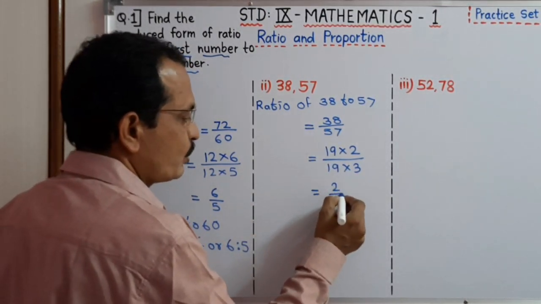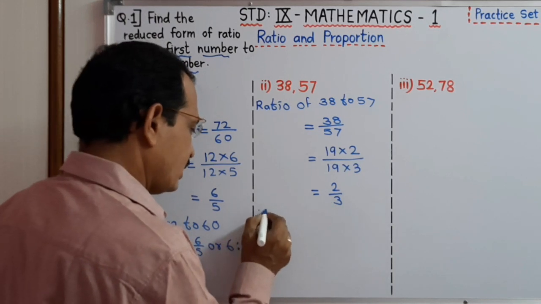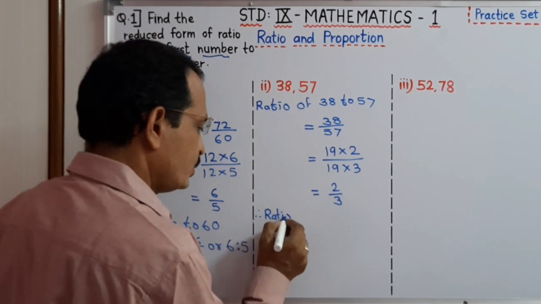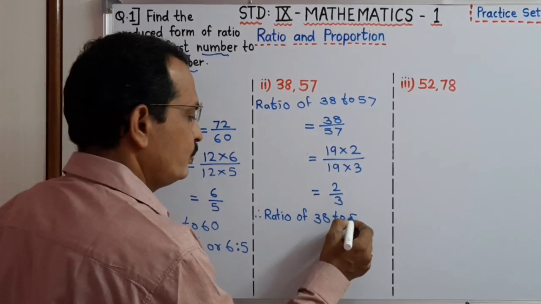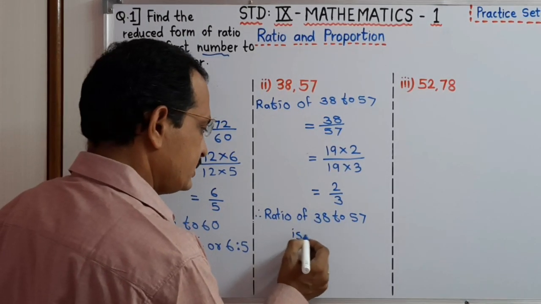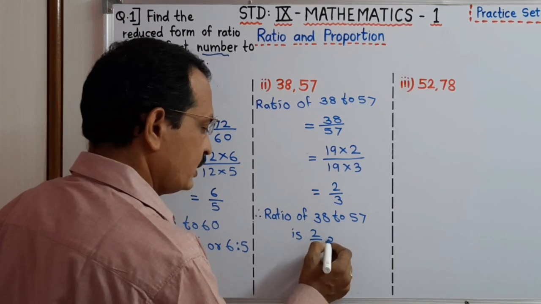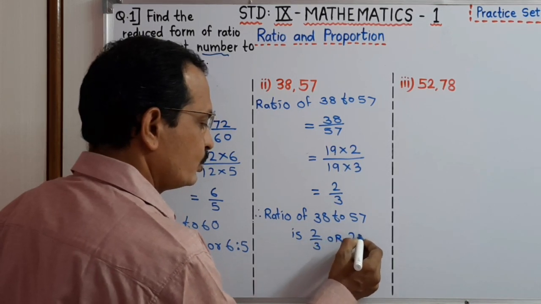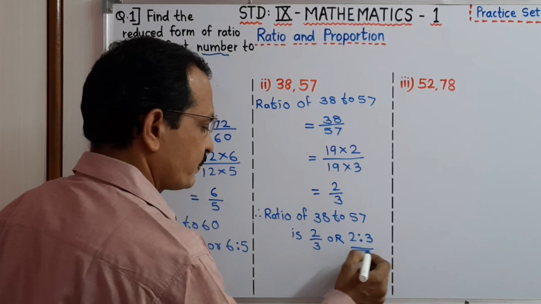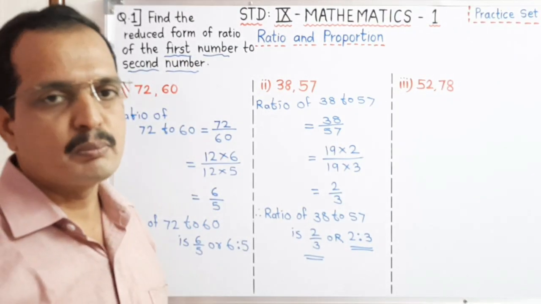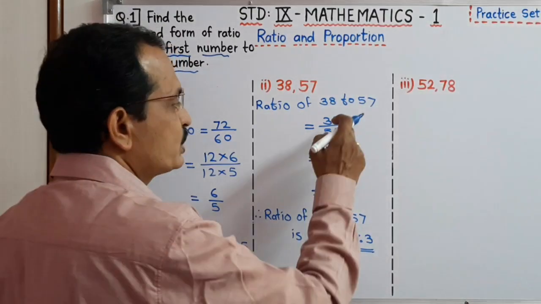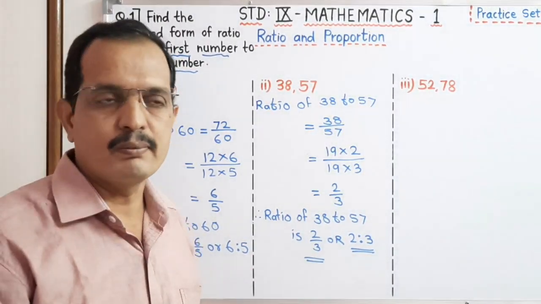It is 2 upon 3. Therefore, the final answer: ratio of 38 to 57 is 2 upon 3 or 2 is to 3. I think everyone understood this. Only simplification is there. You must know the tables to simplify.